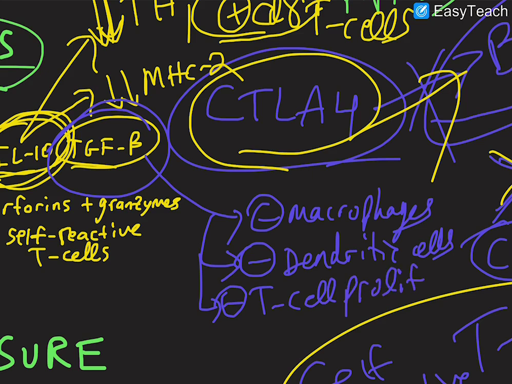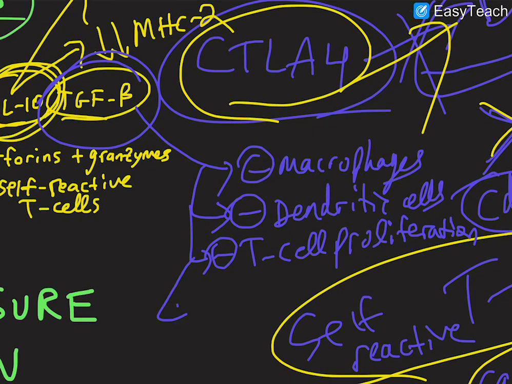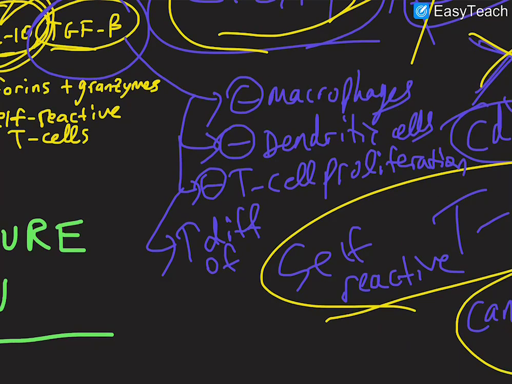And on top of that, TGF beta can also increase differentiation of regulatory T cells. So you get more, it helps increase the count of regulatory T cells, okay? Transforming growth factor beta does.